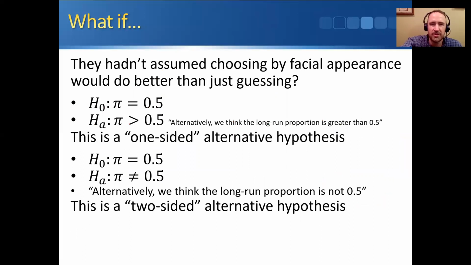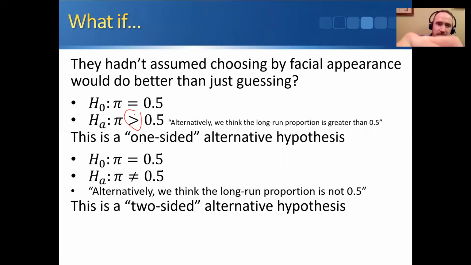We think looking at whether they look like they're competent will help us pick the race correctly. But that might not be true. What if the person who looks more competent actually tends to lose the races more often? They assume that wouldn't happen. That's called a one-sided alternative. They said, hey, we think it's going to be greater than.